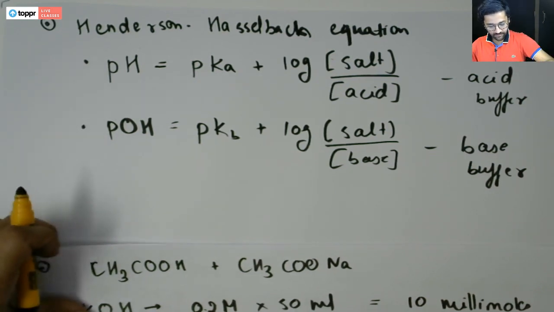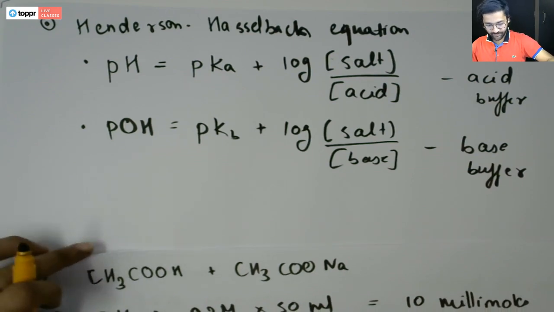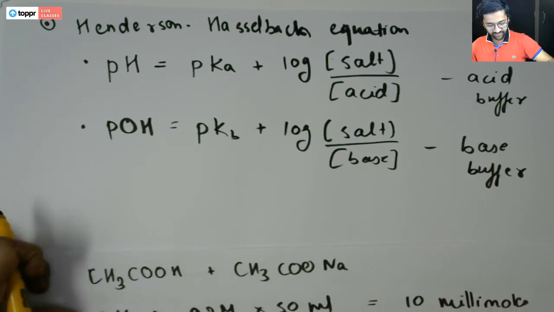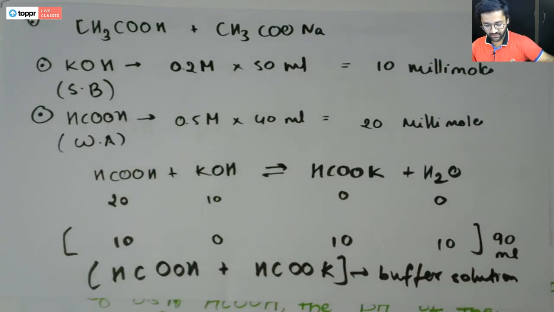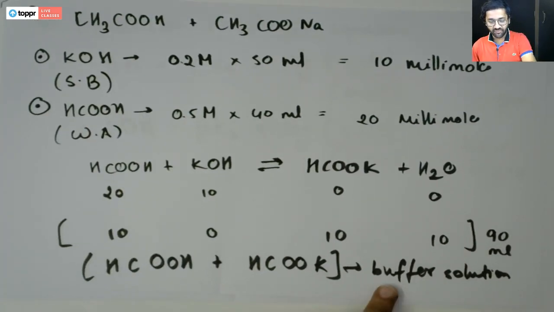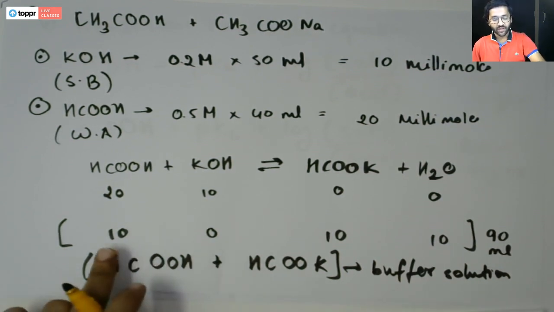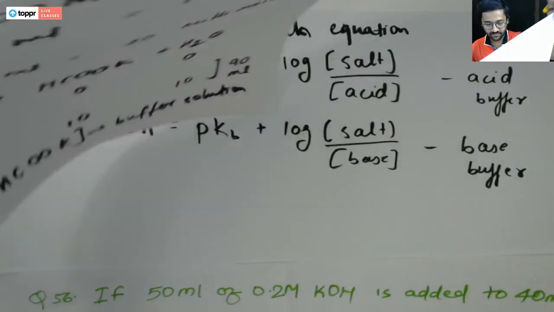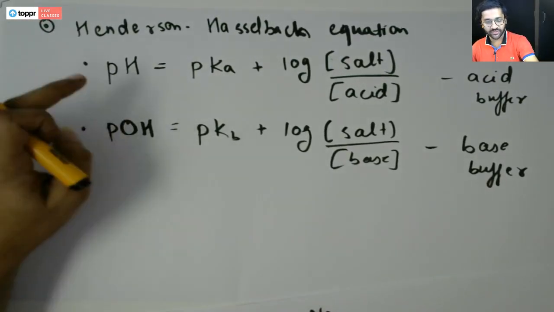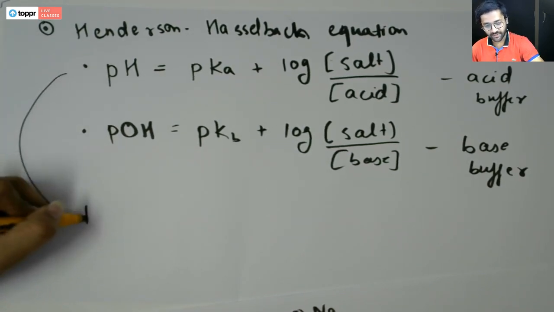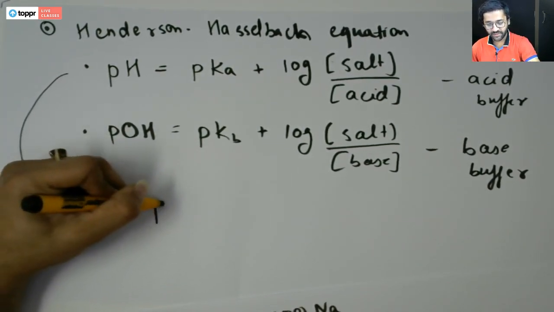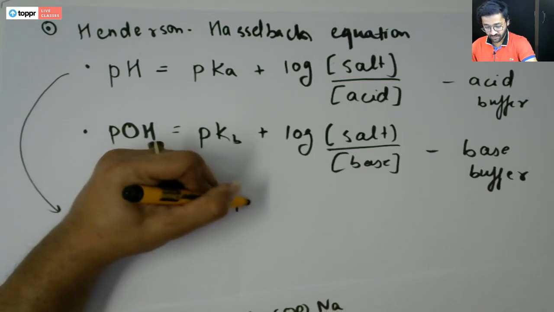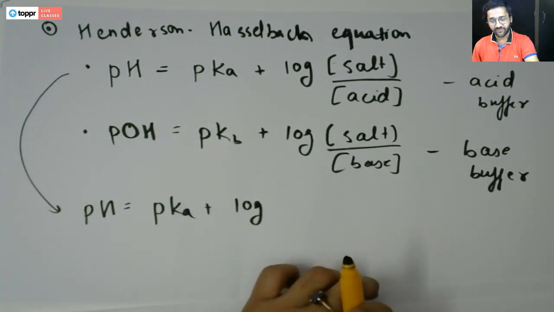Alright, so coming back to our problem. What we have here is an acidic buffer solution of two things, formic acid and formic salt. We have 10 millimoles of each, correct? So using the first equation, we can find the pH as pKa plus log of concentration of salt.